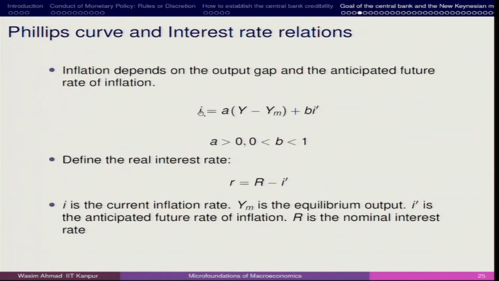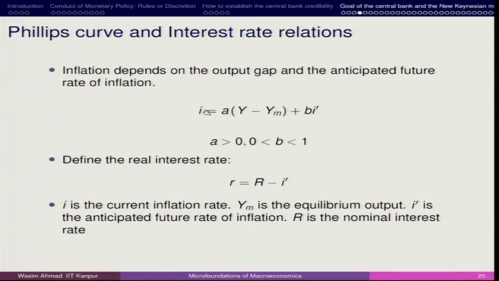So, I is the current inflation rate, B is the behavioral coefficient related to the future inflation, and I transpose talks about future inflation. Y minus Ym is the output gap, with its coefficient. B varies between 0 and 1, which means it may not be a one-to-one scenario, it may be lower. But A shows a direct association, which means A is unbounded, just greater than 0, so it can take any value.